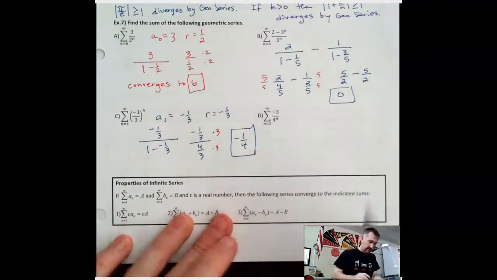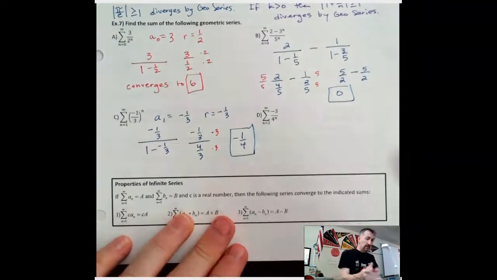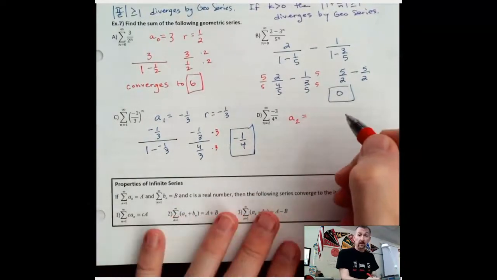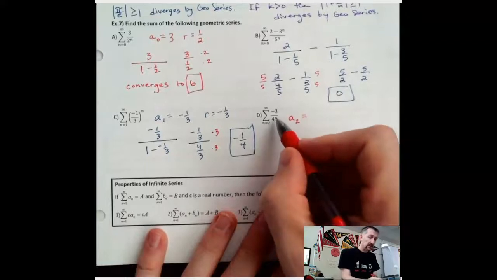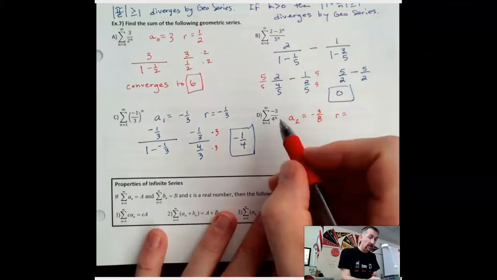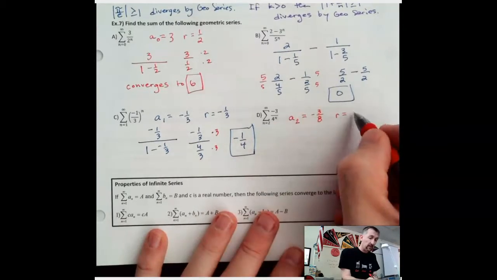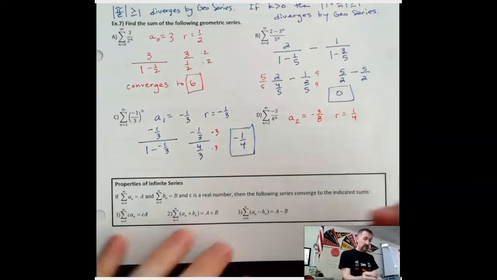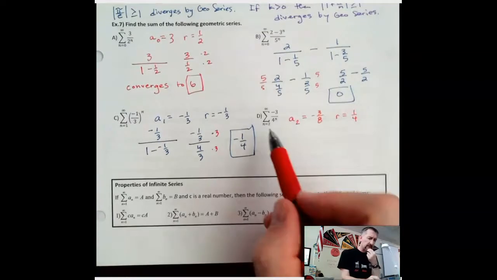And here, the a sub 2, which is the first term that we're going to use, is negative 3/8. And r is, if you take that over, going to be 1/4. So, hold on a second.